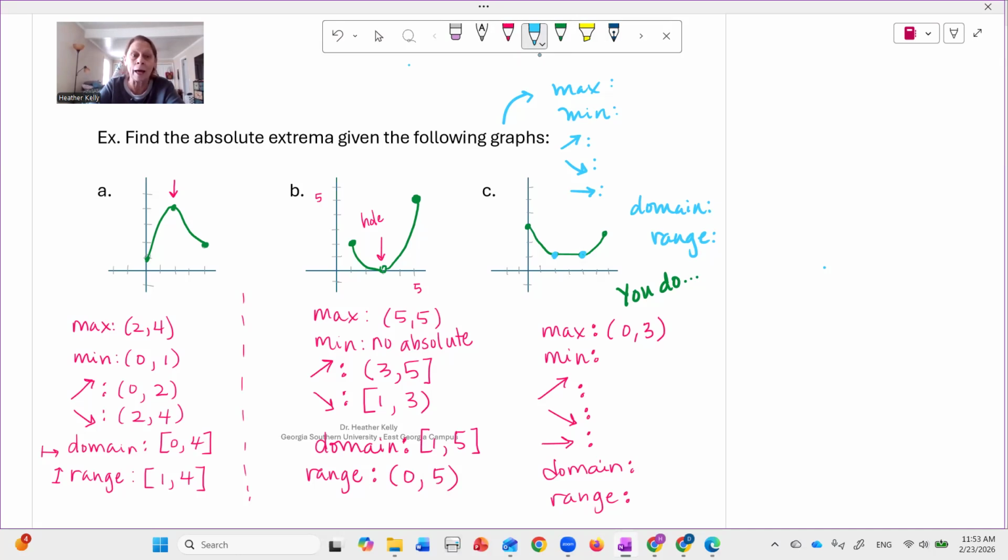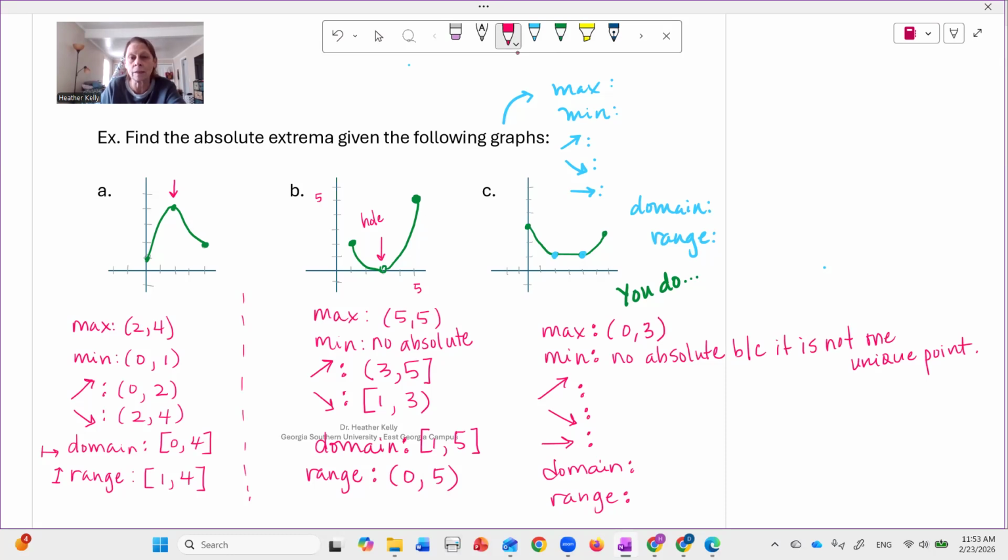So there is no absolute min. Okay, it's not one unique point.